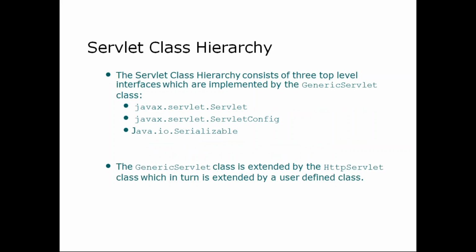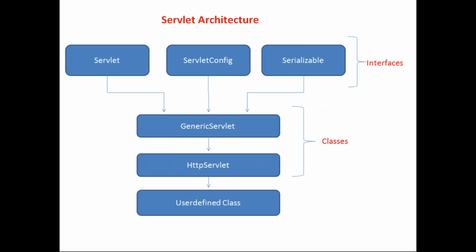Now programmatically, there is a servlet class hierarchy, in which at the top level there are 3 interfaces: servlet, servlet config, and serializable. And all these interfaces are inherited by one class, generic servlet, and one class derived from generic servlet is the HTTP servlet class, and on the bottom side there is a user defined class, which is our servlet code which we are going to write.